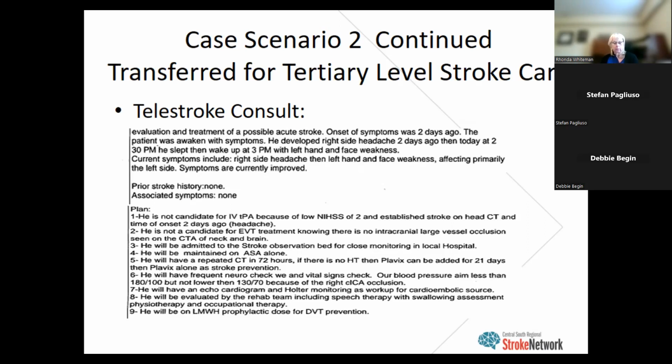It also states that the patient is not a candidate for TPA due to timelines, nor is a candidate for EVT due to the lack of intracranial large vessel occlusion based on the CTA results, and that they will be admitted to the stroke unit and maintained on ASA alone until it's determined if Plavix can be added for stroke prevention. The plan is to repeat the CT in 72 hours.